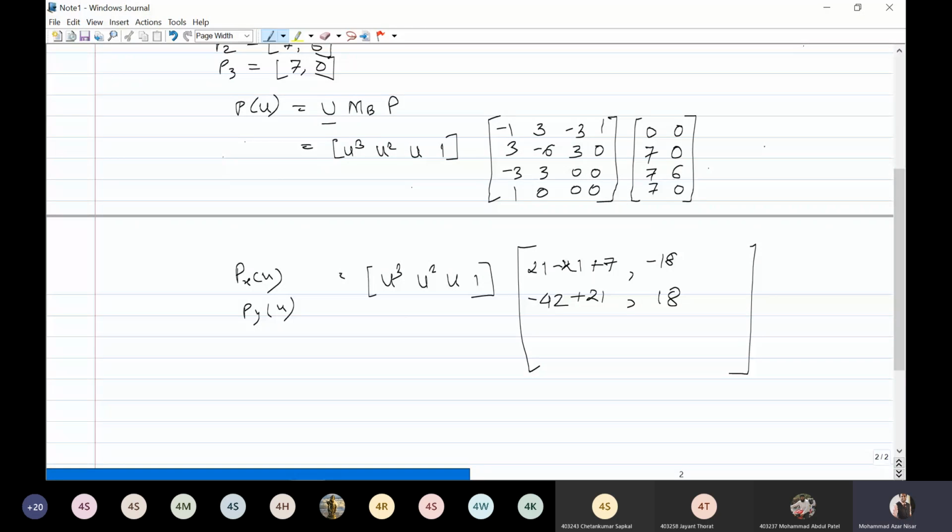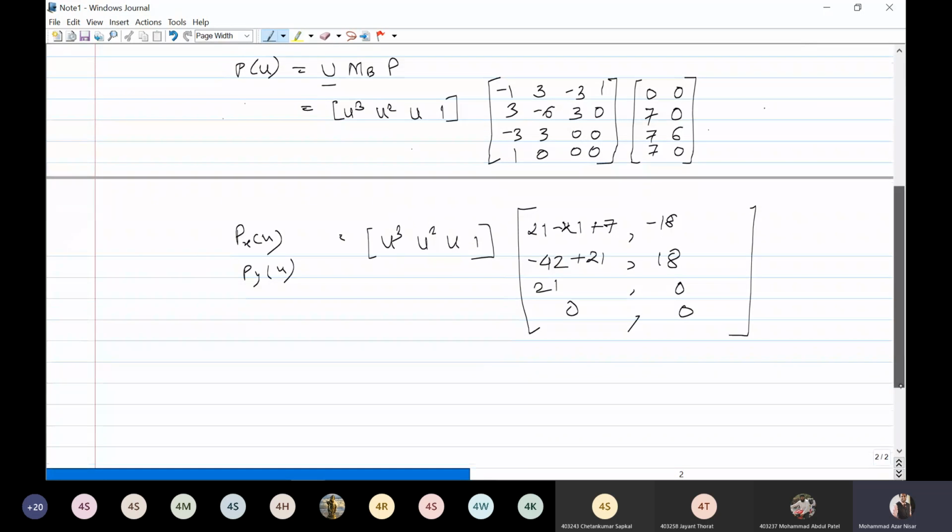Then -3 into 0, 0, 3 into 7, 21. Then for the last, all answers will be 0, and the last is 1 into 0, 0, also multiplication.